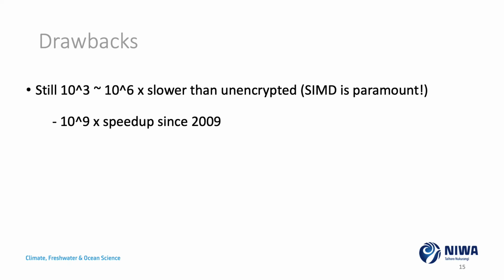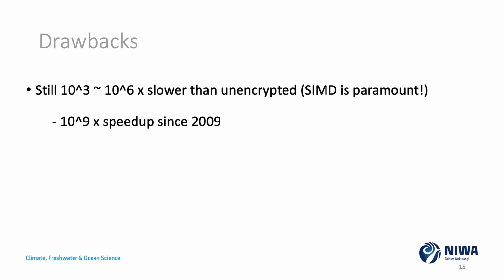I know I talked up homomorphic encryption, and by now you think that I'm just an evangelist that wants everyone to use it, but I need to talk about the drawbacks, okay? As you probably guessed, it's really slow. And when I say really slow, I'm talking about 10 to the power 3 and 10 to the power 6.